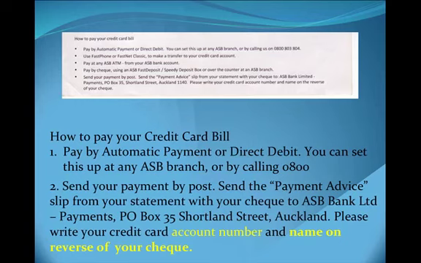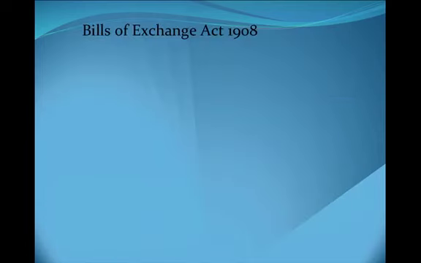Send the payment advice, that's the slip above there, slip from your statement with your check. It is also your check. So it's your payment advice and it's also your check. To the ASB Bank Limited, Payments, PO Box 35 Shortland Street, Auckland. Please write your credit card account number and name on reverse of your check. They've given us the clue there. So that's what we're going to be doing, folks.